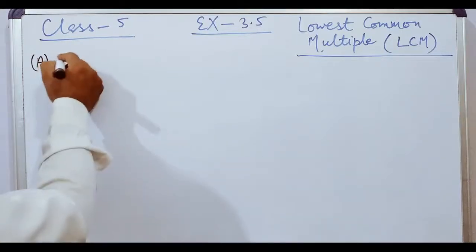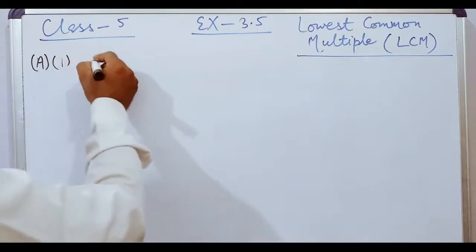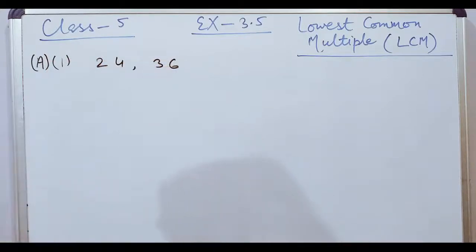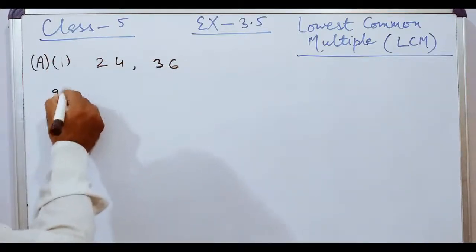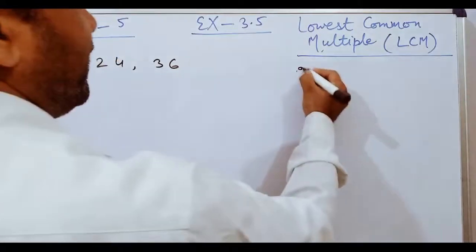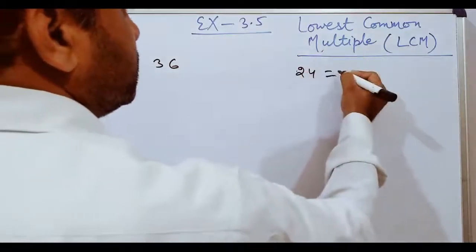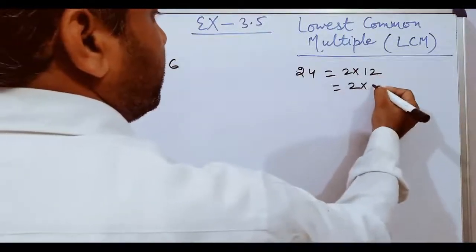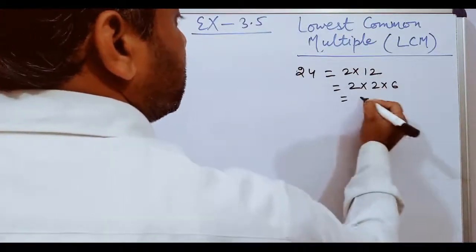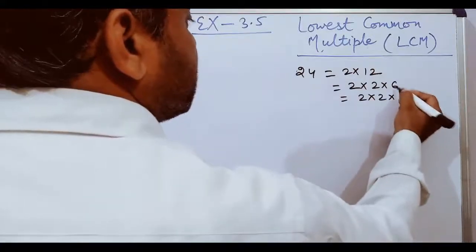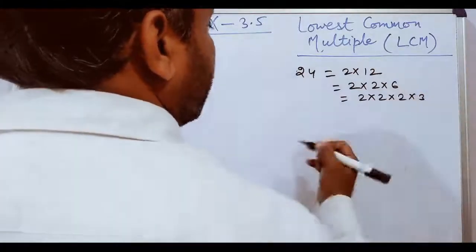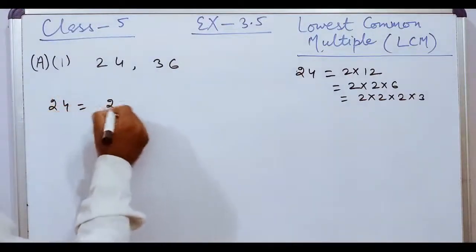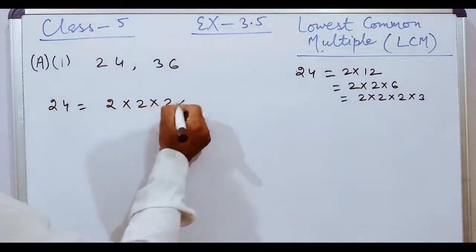Now question number 1: 24 and 36. Let's find the factors of 24. 2 into 12, again 12 can be written 2 into 6, again 6 can be written 2 into 3. Then 24 equals 2 into 2 into 2 into 3.